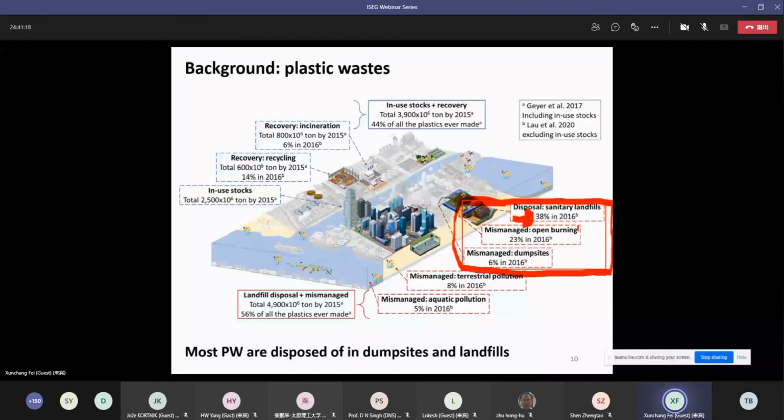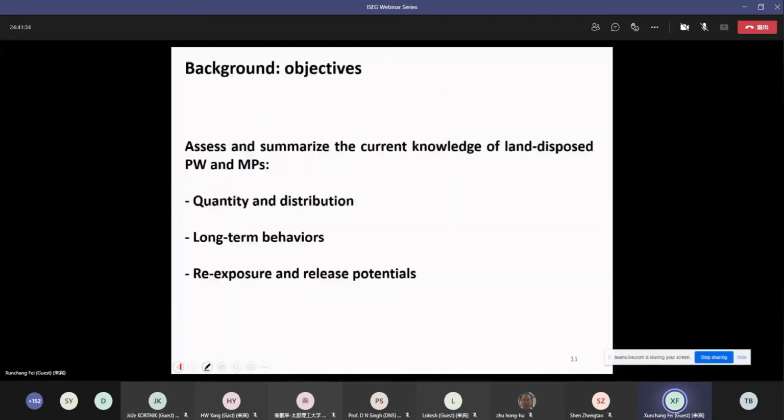So that's why landfills and dump sites are very critical in understanding and solving the plastic waste problem globally. As summarized here, most plastic waste is disposed of in dump sites and landfills. That's a major problem for us to understand and maybe to solve in the future.